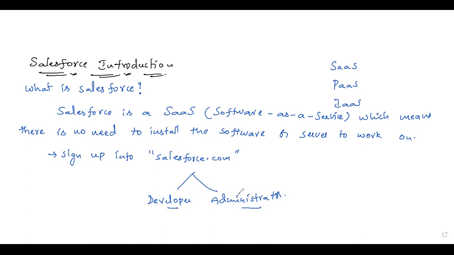When compared to the administrator, there are very good opportunities for a developer, because from the basics they develop the applications and they can maintain things. Under Salesforce development, we have two types.